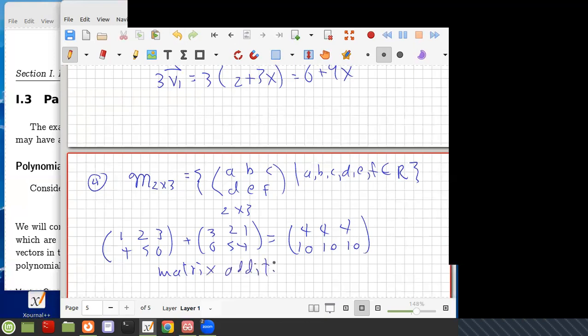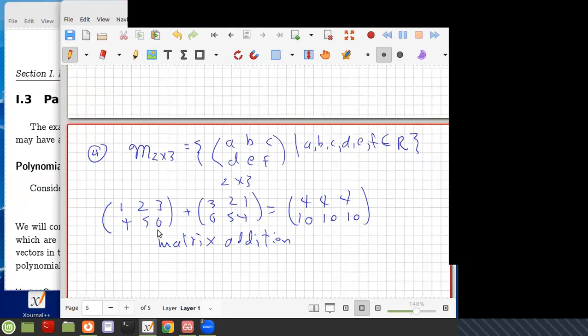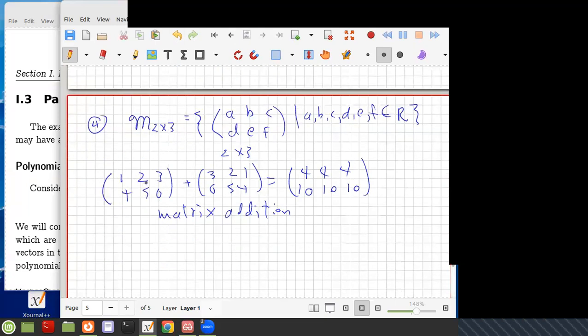So if I treat matrices of a given size and add them like this, I get a matrix of the same size. I'm going to think of each matrix of this size as a vector, and I can add the vectors by this means.